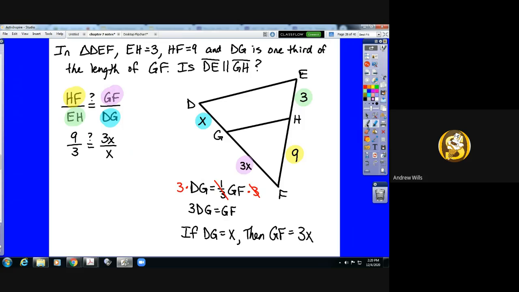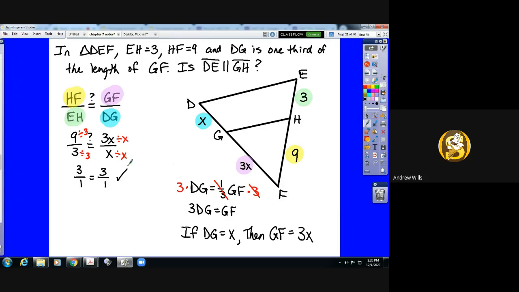So when we look at those fractions, we're asking ourselves, are those fractions equal? And the answer is yes, they are. The first fraction, the top and the bottom, are both divisible by 3. The second fraction, the top and the bottom, are both divisible by x. And we would end up with 3 over 1 equals 3 over 1, which is a true statement.